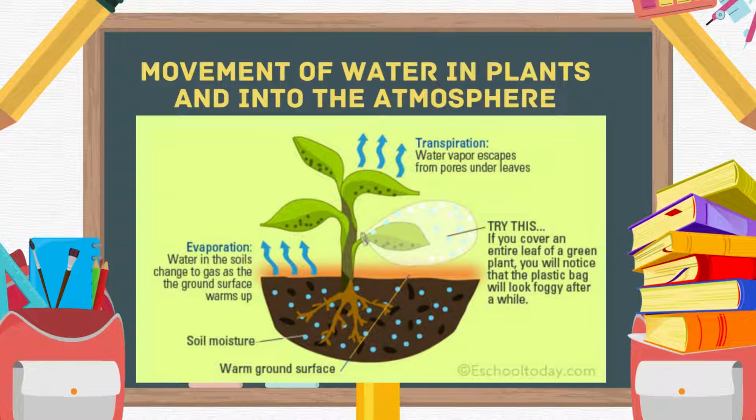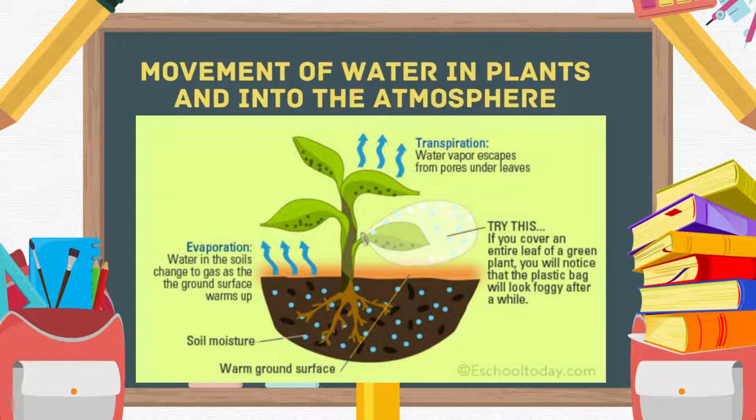When it gets to the leaves, moving now to the atmosphere, what will happen is the water will evaporate from the leaf to the atmosphere through the small openings of the leaf, which we call the stomata, right? Now, this process is called transpiration.